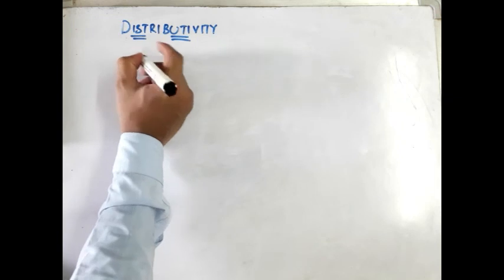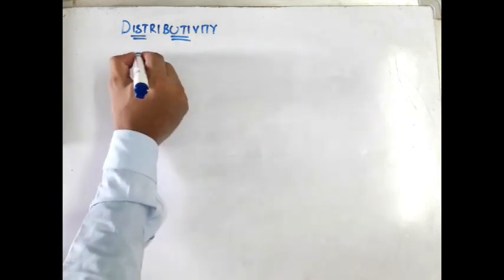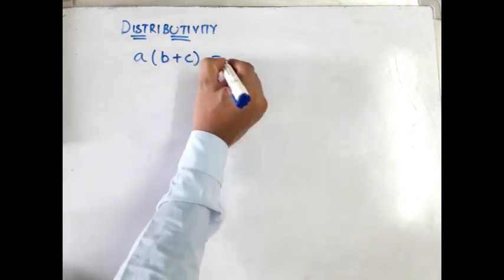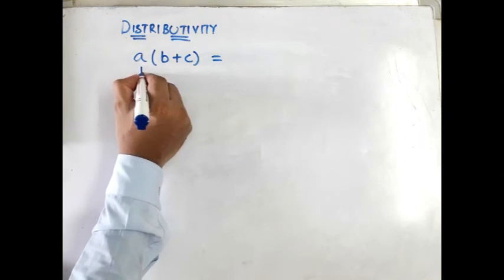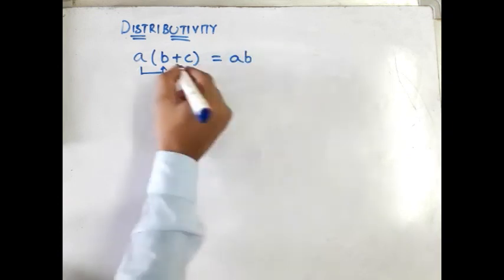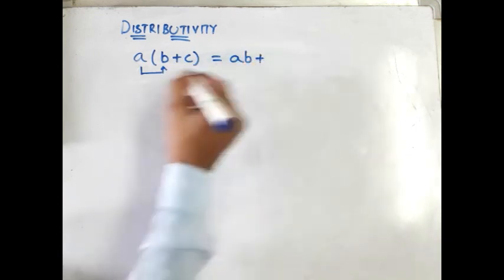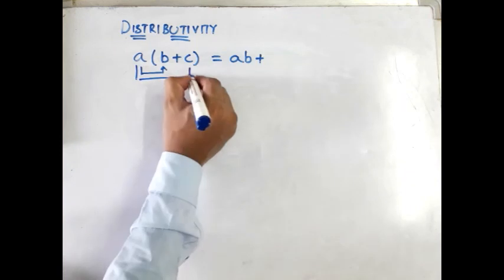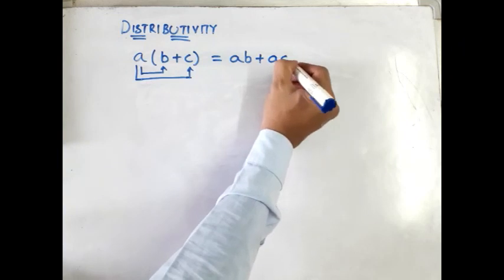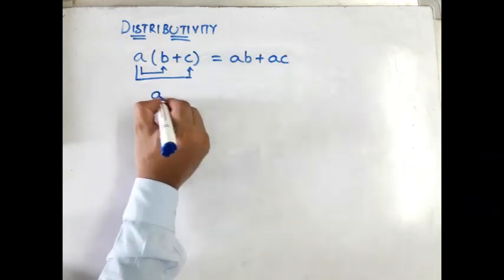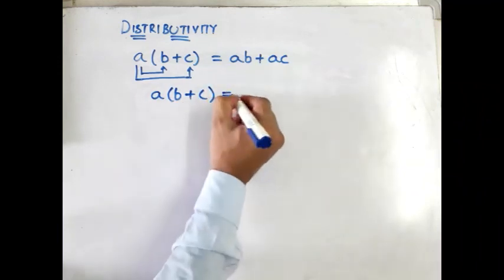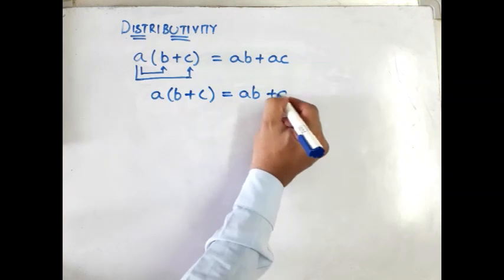That is, if you take three rational numbers, a into (b plus c) will always be equal to, look, a into the first one, so a into b, ab. This binary operation comes as it is. Next, a into c, after plus, a into c, that means ac. So for any three rational numbers a, b, c, a into (b plus c) will always be equal to ab plus ac.